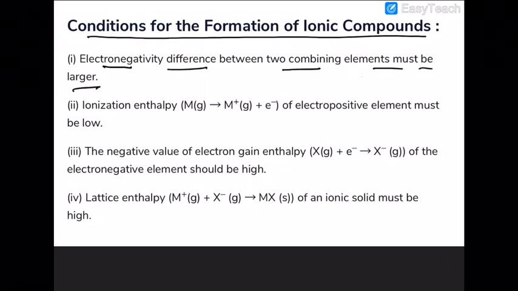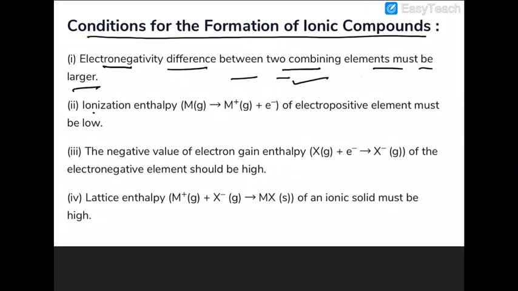We already discussed in periodic properties that if the electronegativity difference between two elements is more than 2, then definitely that bond will be an ionic bond. That is possible only if one of them is a metal and the other is a non-metal. That is very easy.